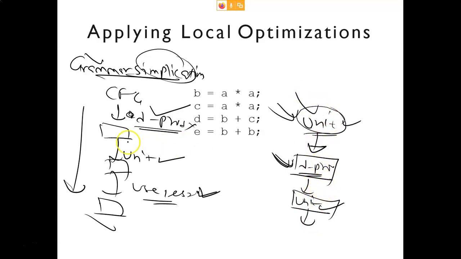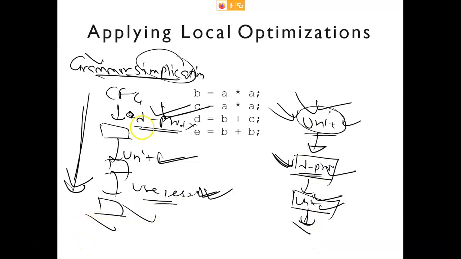So you can see, when you apply in the proper order, each algorithm needs to be applied only once. Apply this once, apply this once, apply this once, and you will get your result. But if you change this order, you will have to apply the same algorithm multiple times. Like if you do this first, then again unit productions will come, and you will have to apply the unit production elimination again.